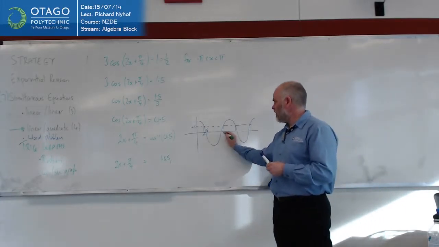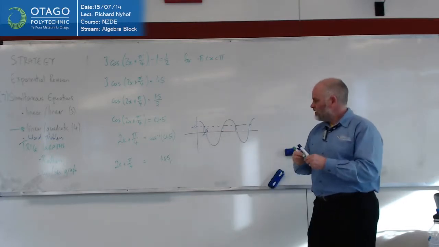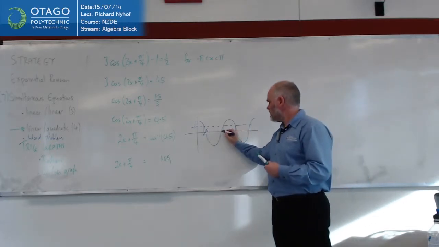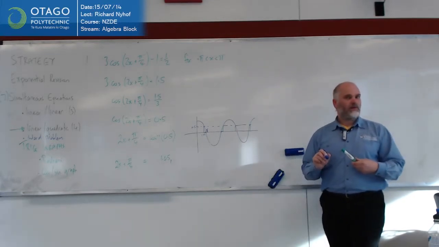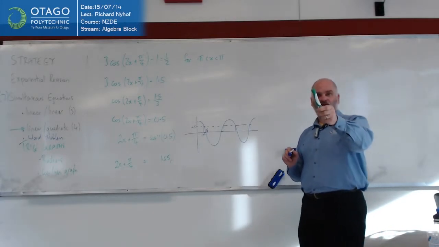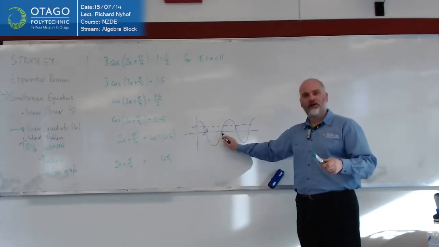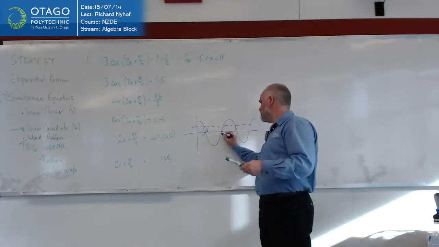I think you want to add it on. It's here, isn't it? So what's that point there in radians? What's this point here in radians? 3 pi over 2?